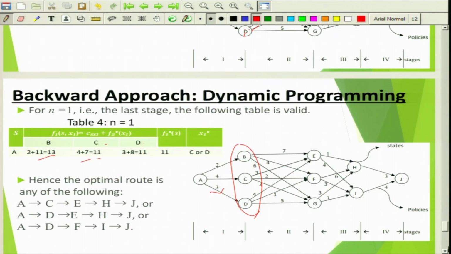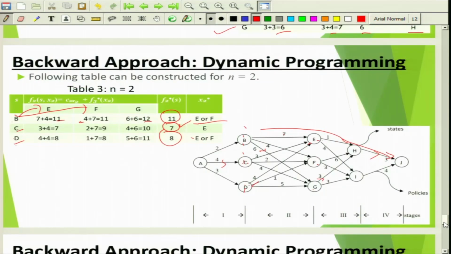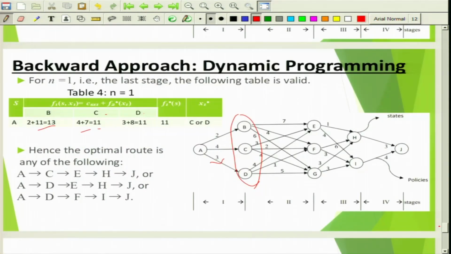From D onwards, the most minimal cost is 8, right? So 3 plus 8 is 11. Among all these paths B, C or D, which is the most minimal one? It is either C or D, because B is coming out to be 13. So you choose either C or D.